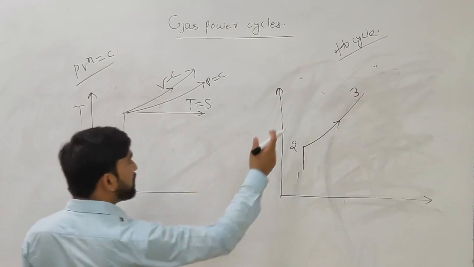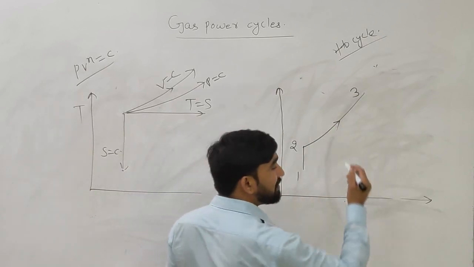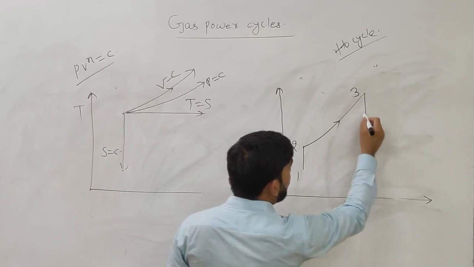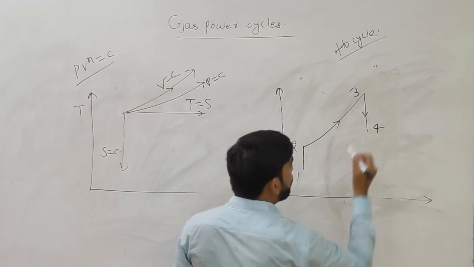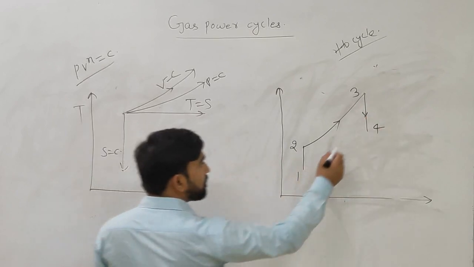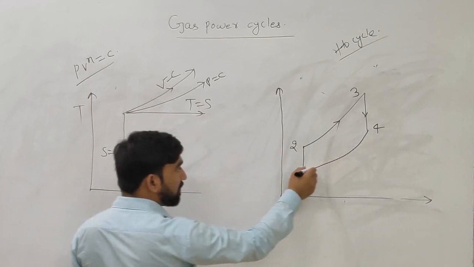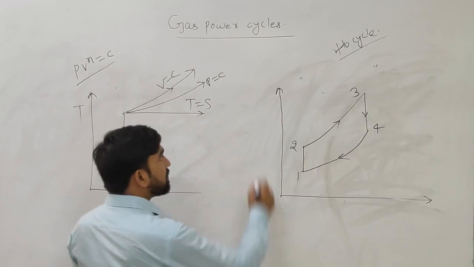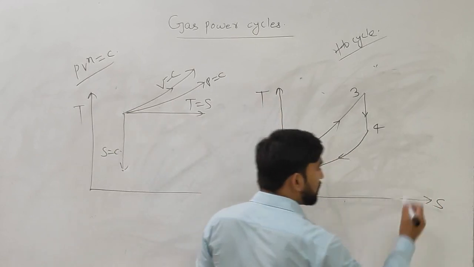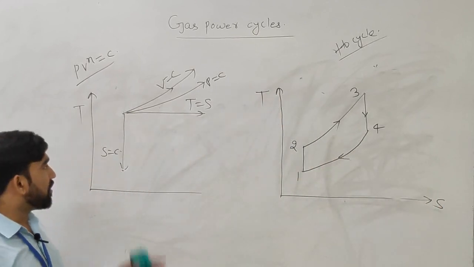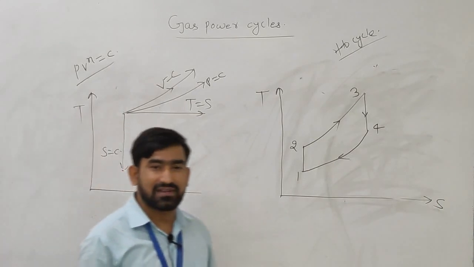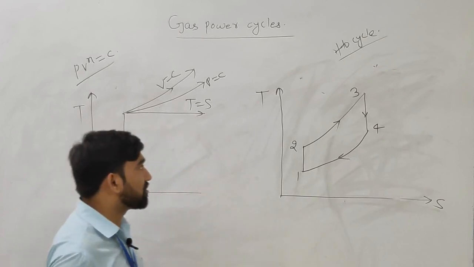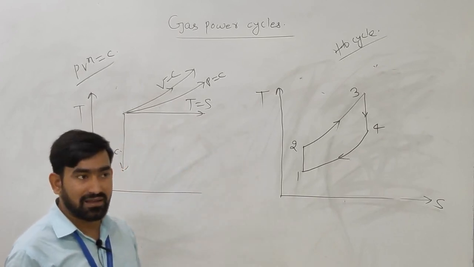And again 3 to 4, that was also a reversible adiabatic or isentropic process. So here it is 3 to 4, and 4 to 1. So here we have drawn 4 to 1, that is the TS diagram for Otto cycle. So with the help of polytropic process PV and TS diagram, we have seen how to draw the PV and TS diagrams of Otto cycle.